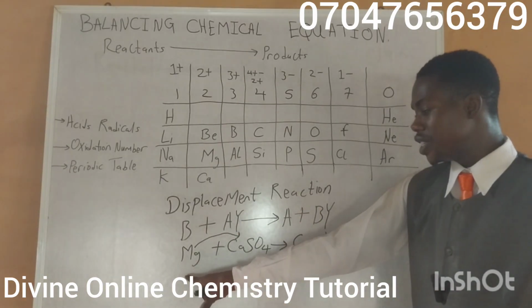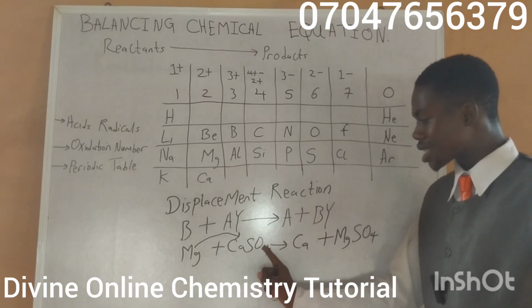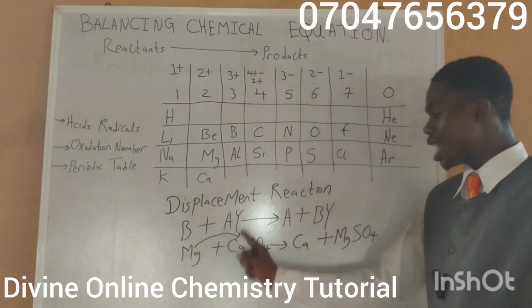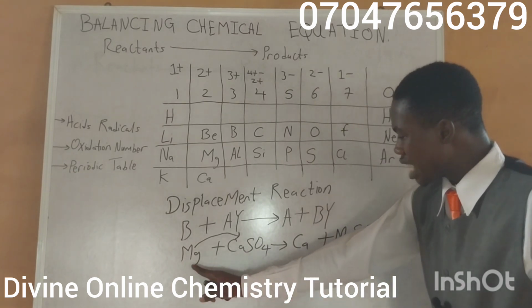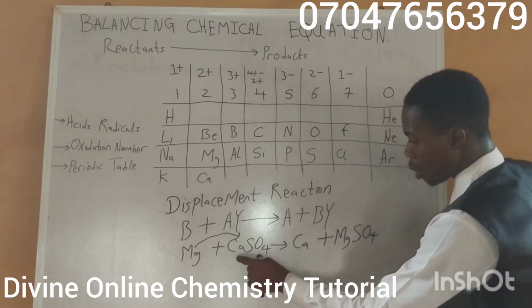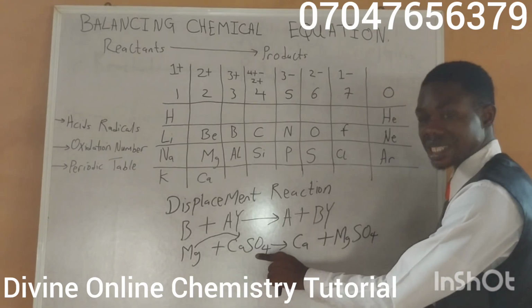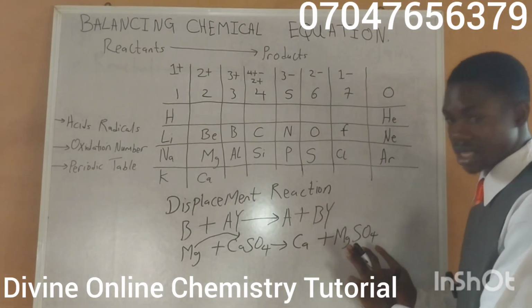Any metal you are given here, whenever it combines with a metal and also an acid radical, just know that this metal that is alone will always replace the metal in the compound, and then the metal that was in the compound before will stay alone at the product side, while the new one will combine with the acid radical. So that's what is happening here.